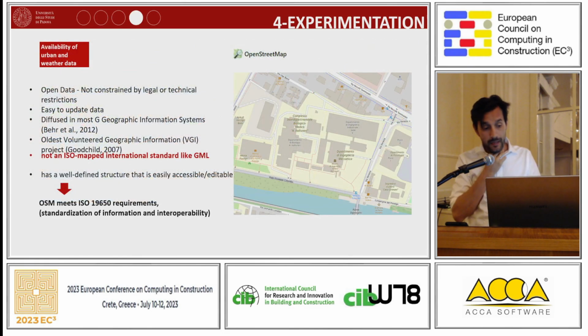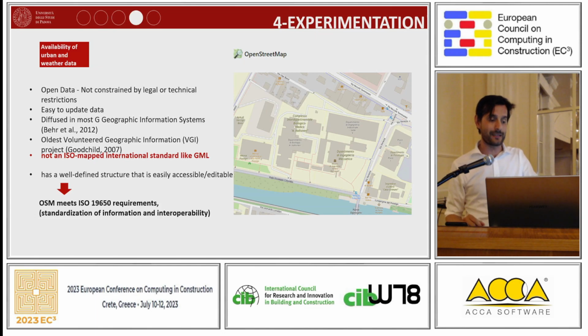And as I mentioned, after having analyzed the literature, we found that the most reliable data source could be the OpenStreetMap project, given the fact that it has a huge history in updating the data, and it has the availability of data without legal or technical restrictions.